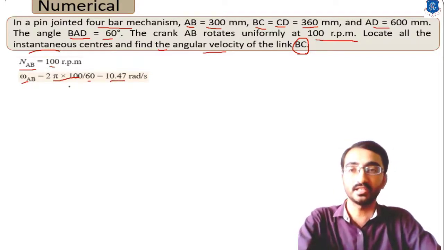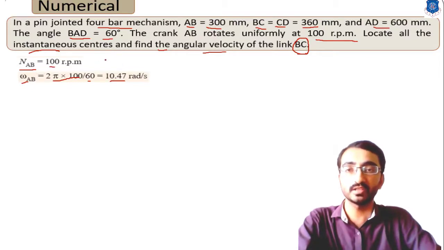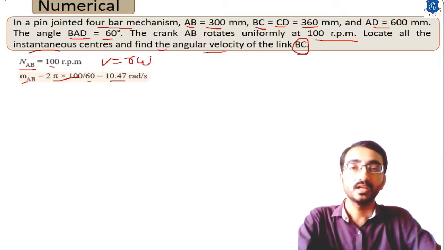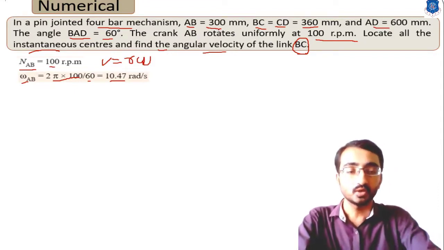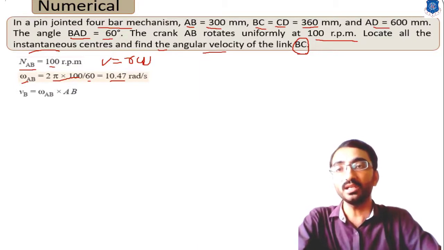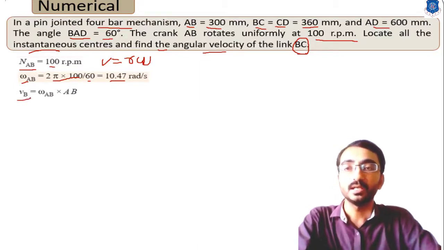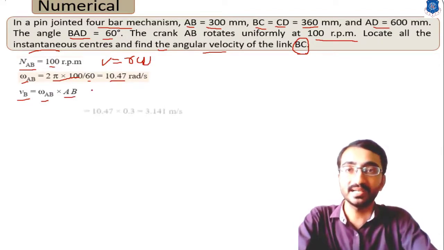Now for the linear velocity, we have the relation V is equal to R into omega. So VAB is equal to omega AB into length AB, and the length of AB is given as 300 mm.